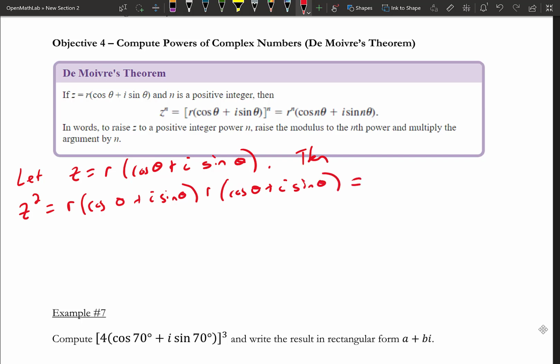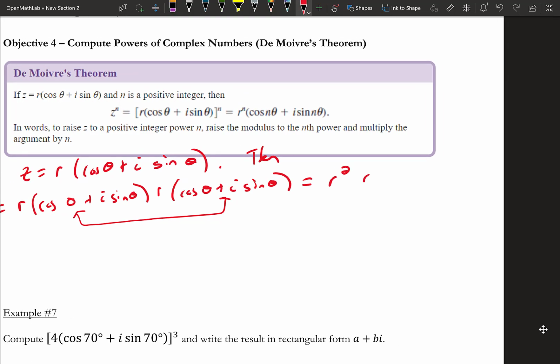So r times r is r squared. And when you FOIL these two things, it turns out that it equals cosine of 2 theta plus i sine of 2 theta. Once you FOIL those out, you use the double angle formula that we talked about in chapter 6, and you can simplify it to that.